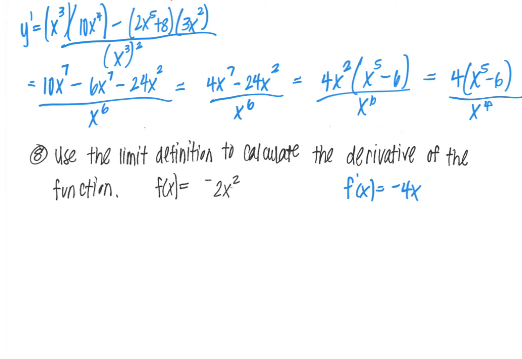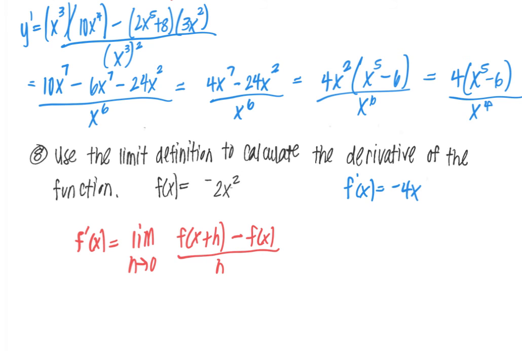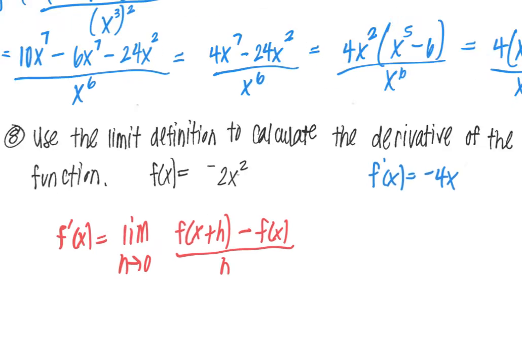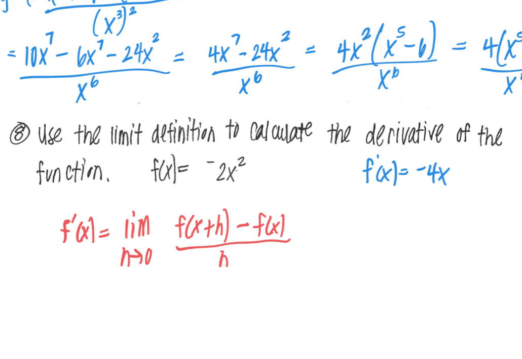I need to see that you're looking to find this derivative by evaluating the limit as h approaches 0 of the difference quotient. And how are you supposed to know that this is the way I want you to do it on this problem? Well, it says use the limit definition. Okay, so limit.